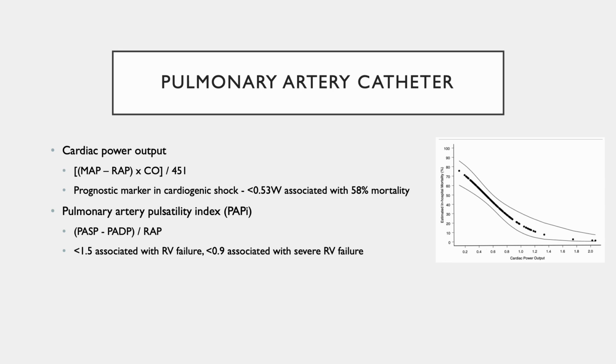The pulmonary artery pulsatility index is an indicator of RV failure, and it's numerically defined by the difference between the systolic and diastolic pulmonary pressures divided by right atrial pressure, where values of less than 1.5 are associated with RV failure, and the degree of depression of this number also correlates with severity of RV failure.